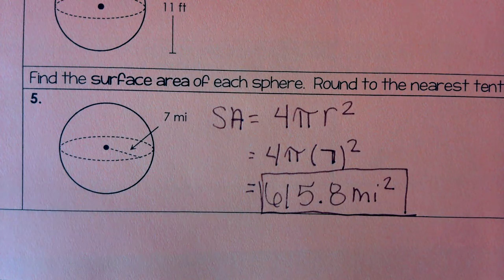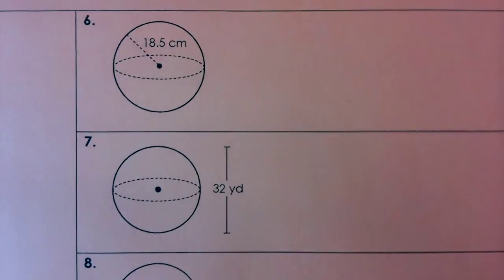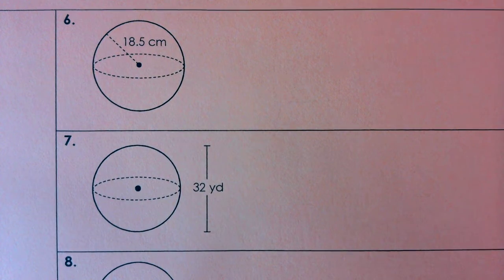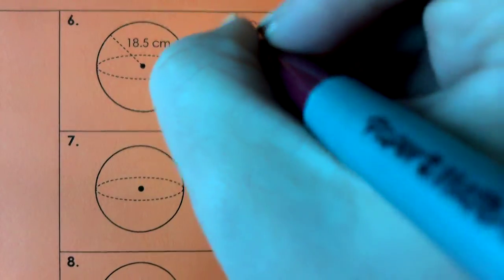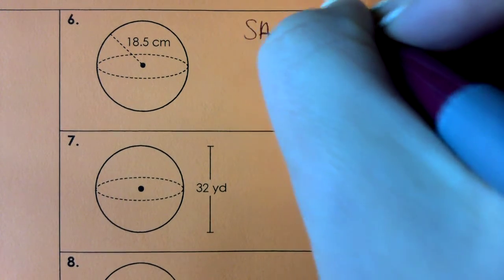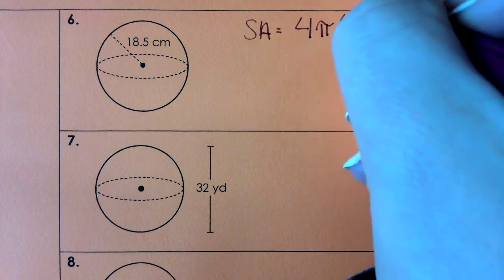Okay, flip to the back side. Number 6. What's my radius? 18.5. Your radius doesn't have to be straight. It can be crooked. So I'm going to have my surface area equals 4 times pi times 18.5 squared.